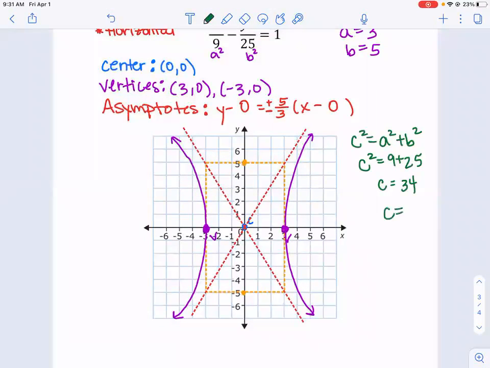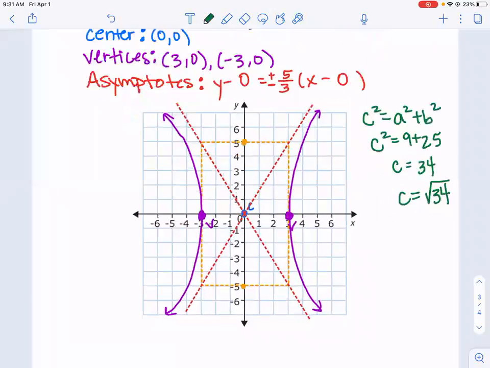So c is the square root of 34. Okay, well, 34 is almost what perfect square? 36. So the square root of 34 is almost 6.